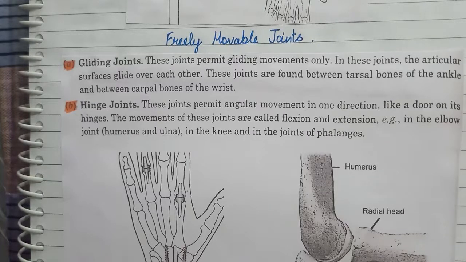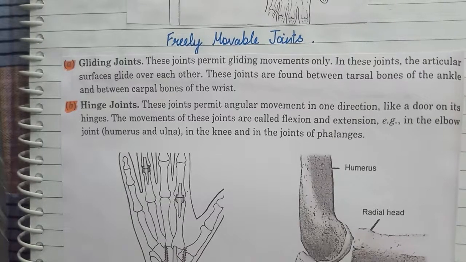Hinge joint. These joints permit angular movement in one direction like a door on its hinge. The movements of these joints are called flexion and extension. Flexion and extension occur in the elbow joint, between humerus and ulna, in the knee, and in the joints of phalanges.